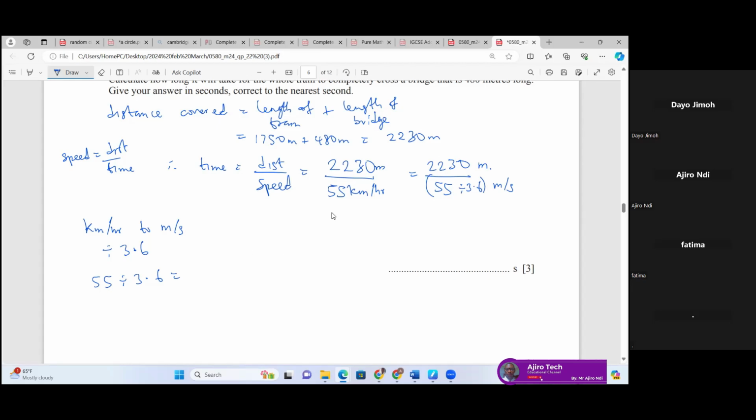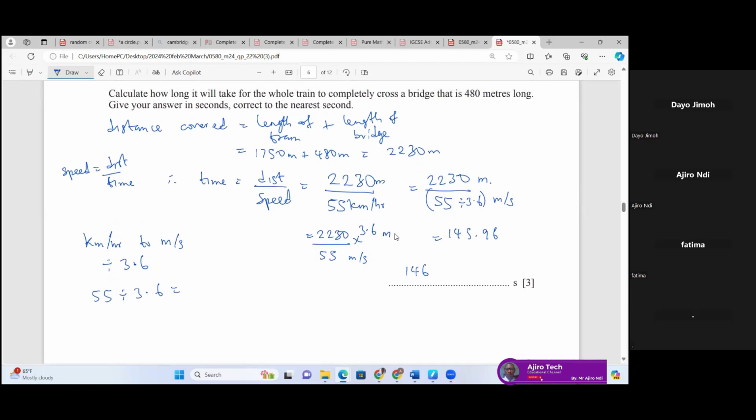Okay, I'm going to get 146. No, let me write it again. I can write this as 2,230 divided by 55 times 3.6. Okay, divide becomes times. Then I have meter per second. I'm getting something like 145.96, approximately 146 seconds. Okay, 146 seconds is the length of time it takes for the train to totally cross the bridge, moving at that speed.